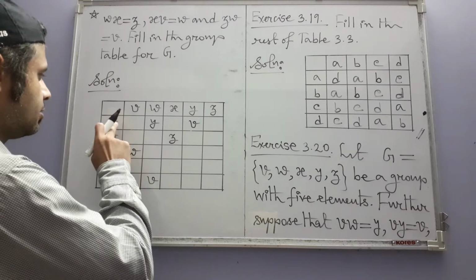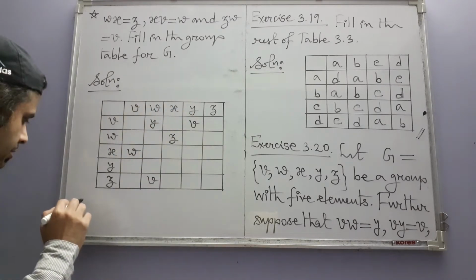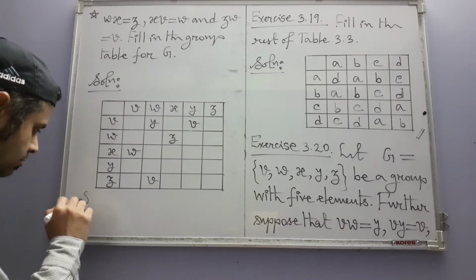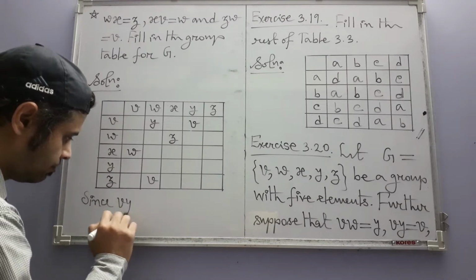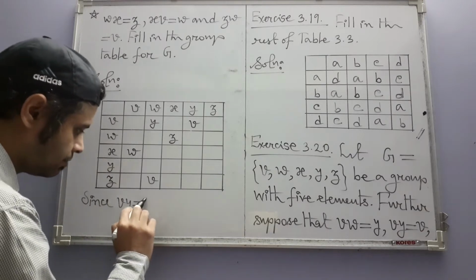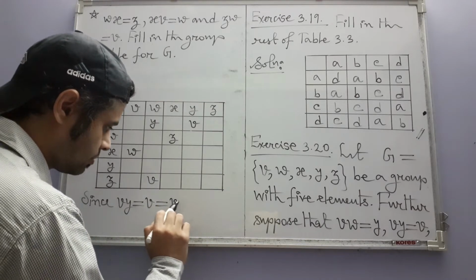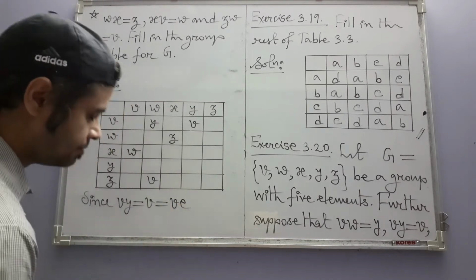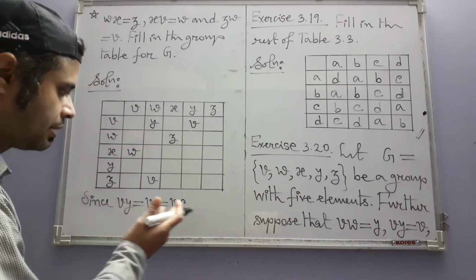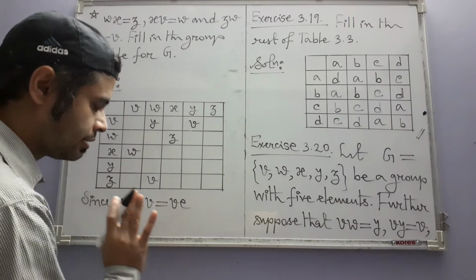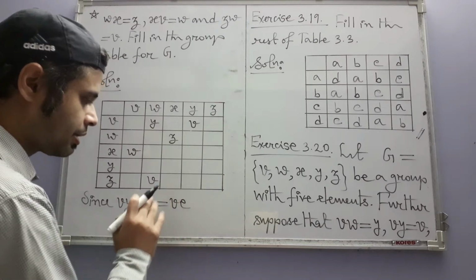You note that it's given that VY is V. So let me write the thing here. Since VY is equal to V and V can be written as V times E, where E is the identity in this group. Whatever it ultimately turns out to be, there is one identity, and we also know that any element is that element times that identity.